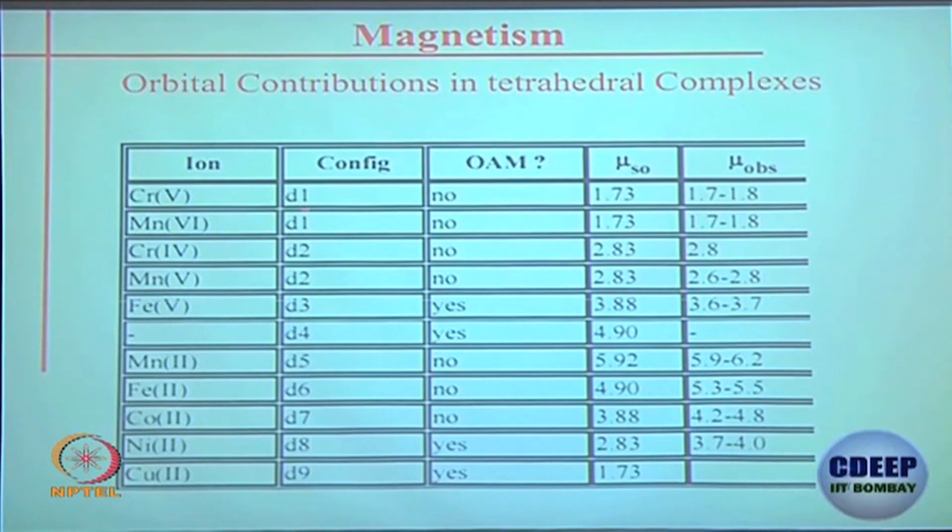So for example, d1 for octahedral is t2g1, which means orbital angular momentum is possible. d1 for tetrahedral is e1; it is splitting between E and T2. Is that clear? Did any of you not understand that? I will be happy to discuss again.